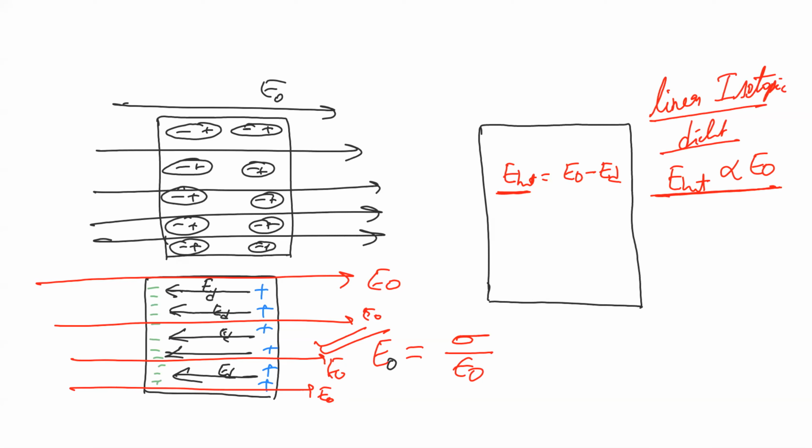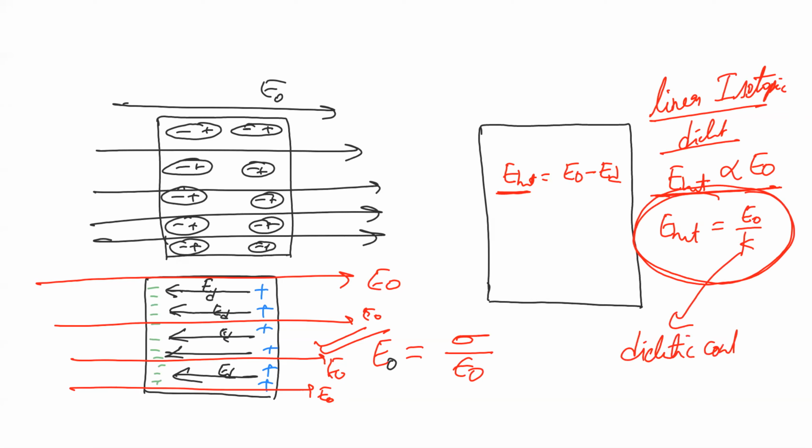So E net is proportional to E naught, or E net is equal to E naught by K, where K is called the dielectric constant. It depends on the material. This is the importance of K: if E net is asked, we know it is E naught by K.